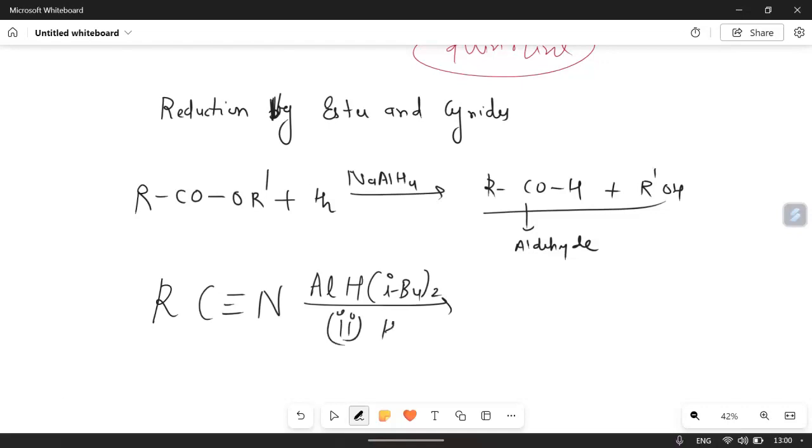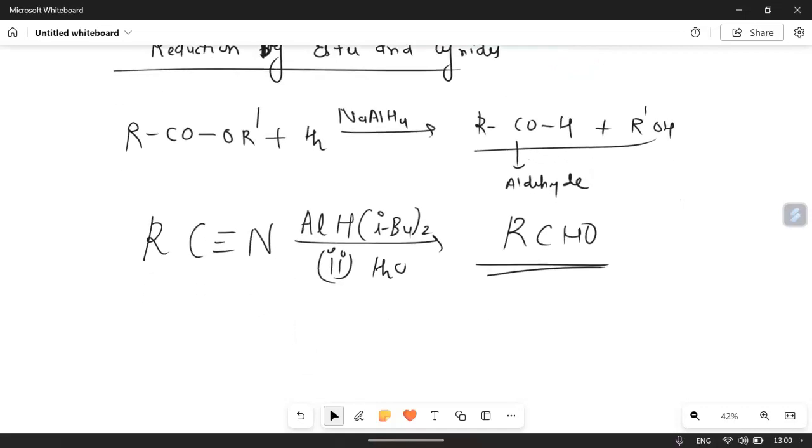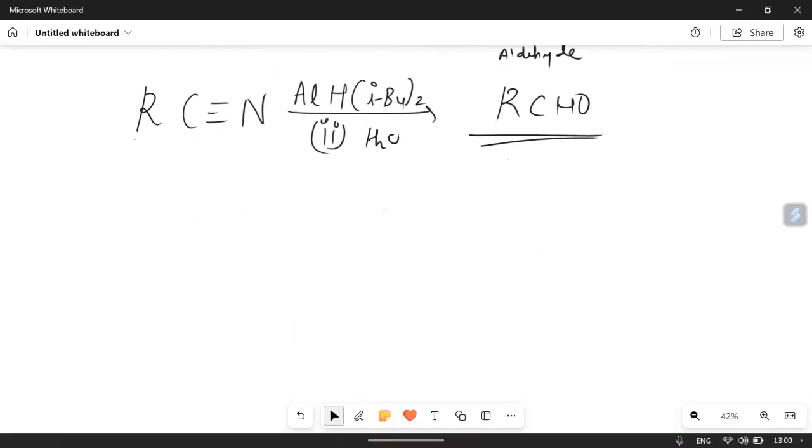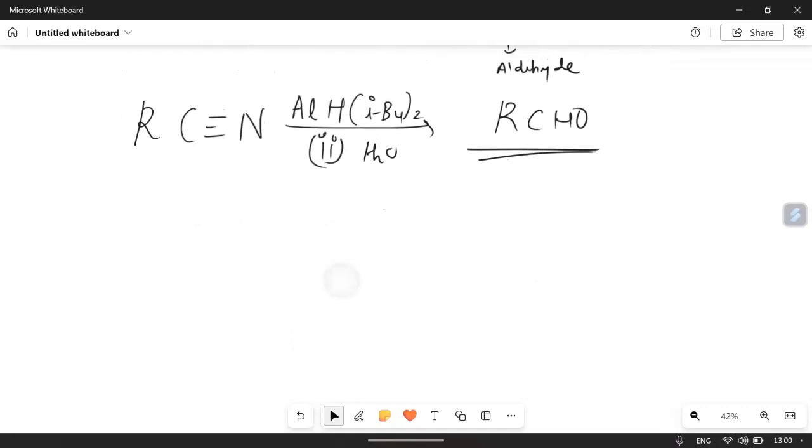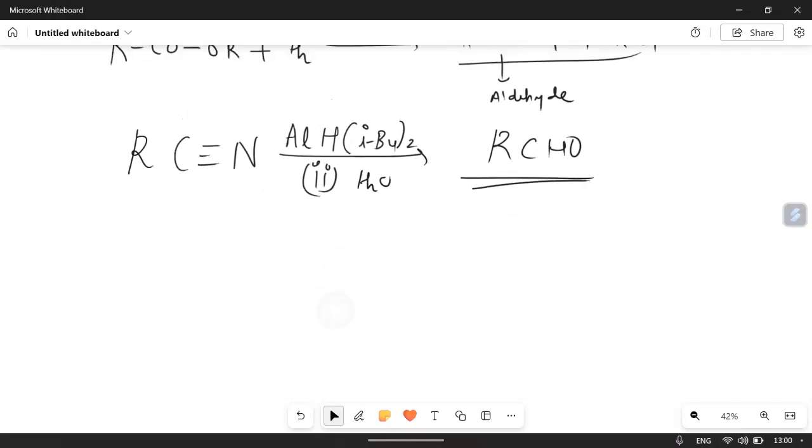Secondly, in the presence of H2O hydrolysis, that will give RCHO. So this is also a reduction by using this. Okay. You can also prepare ketones by some methods we can discuss in next video.